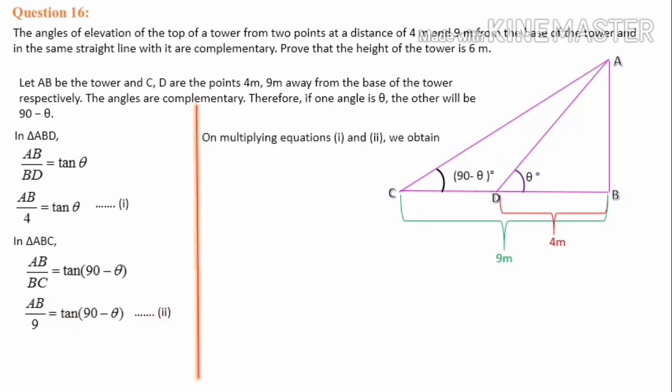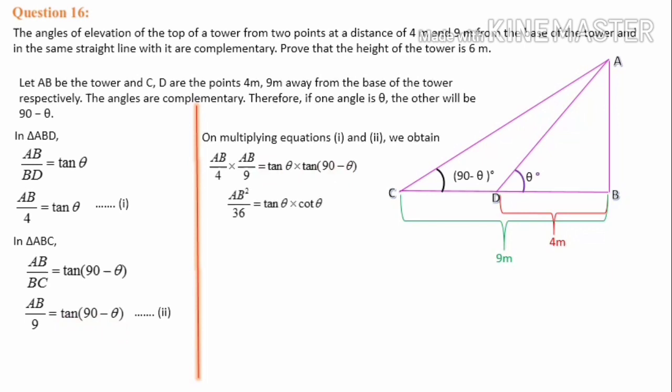Then equation number 1 and 2 we have to multiply. The left hand side of equation number 1 is AB by 4 and the left hand side of equation number 2 is AB by 9. So AB by 4 into AB by 9 is equal to, the right side of the first equation is tan theta and the right side of the second equation is tan of 90 minus theta. So we multiplied tan theta into tan of 90 minus theta.